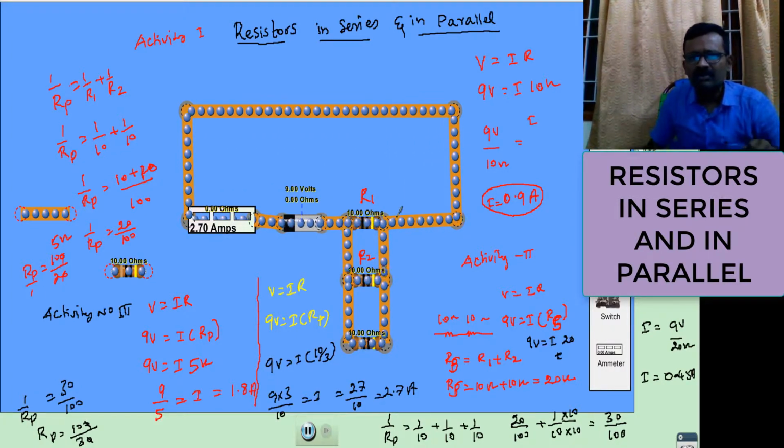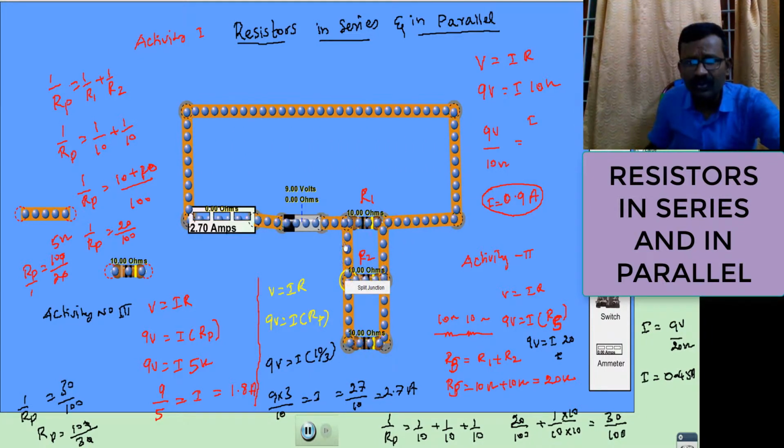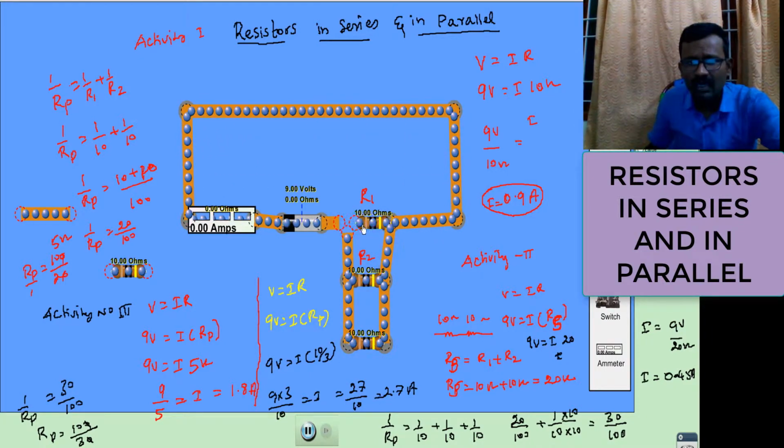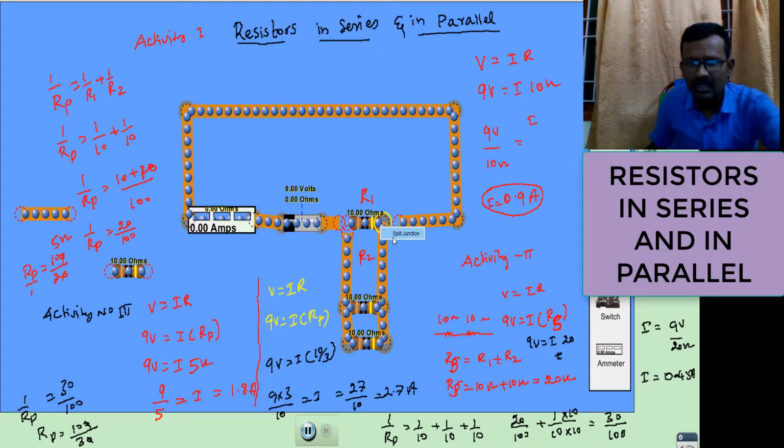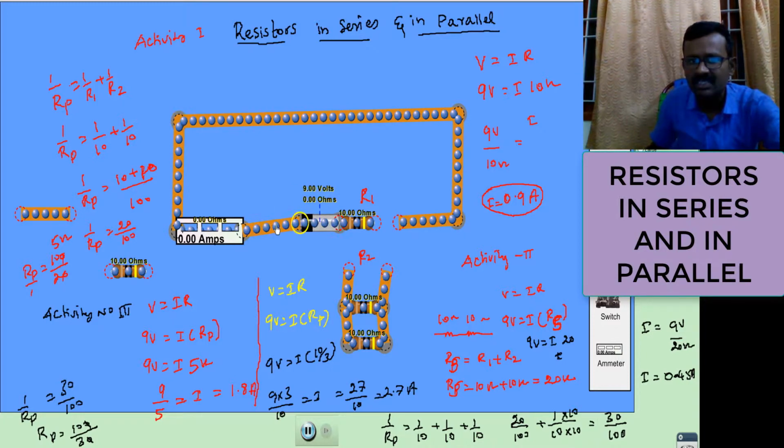Like that, one more thing I want to emphasize. Suppose if you remove all these resistors. Now I connect 3 resistors in series. You look at 3 resistors in series.